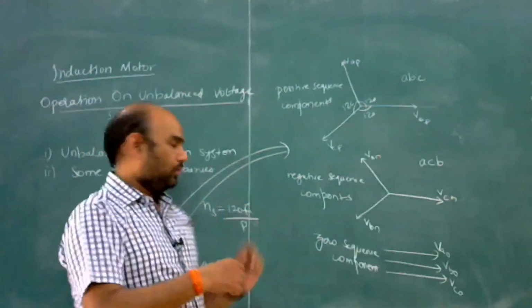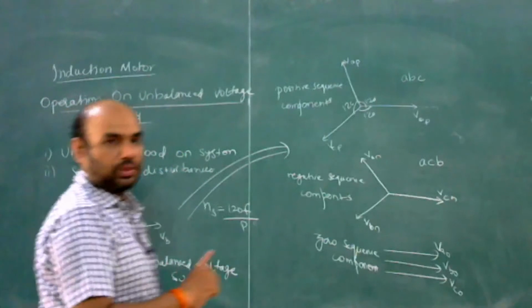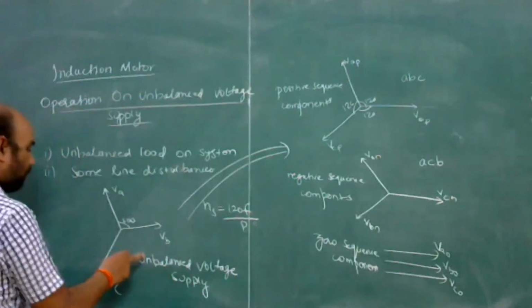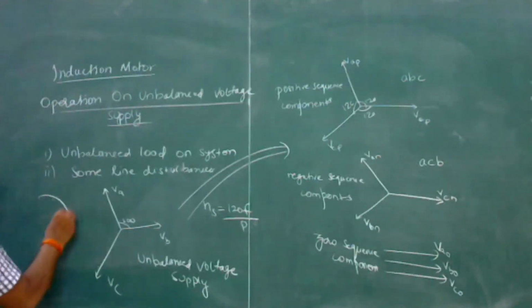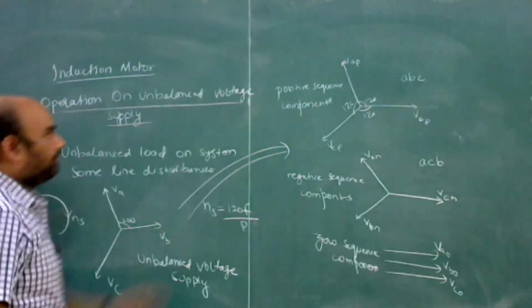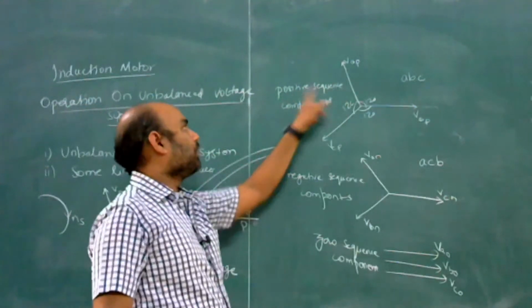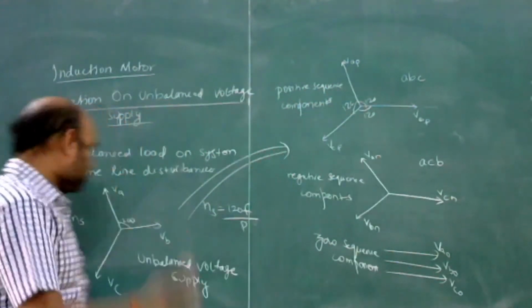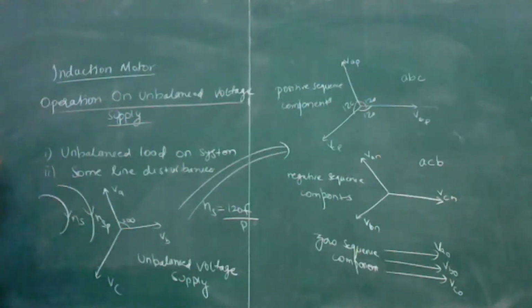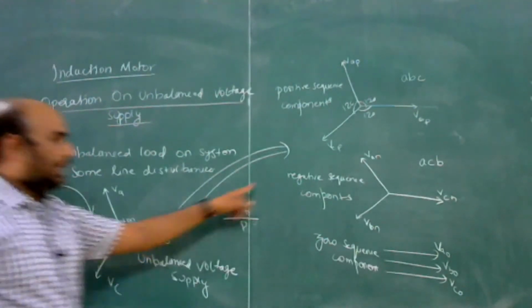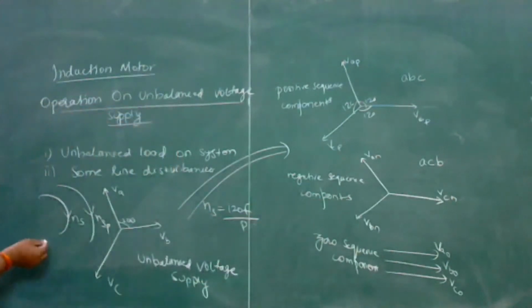So if the direction of the field due to the unbalanced supply is clockwise, the field produced by the positive sequence component will also be in that direction, and the negative sequence component will be in the opposite direction.